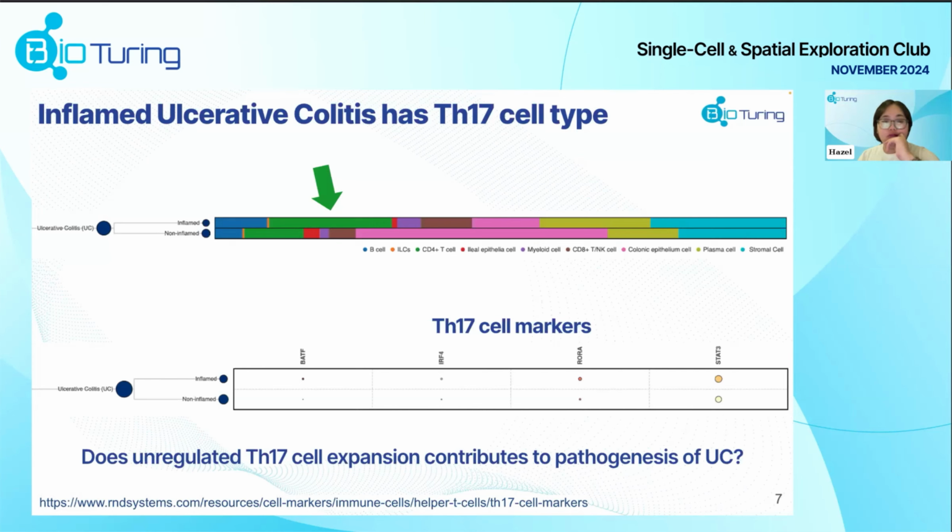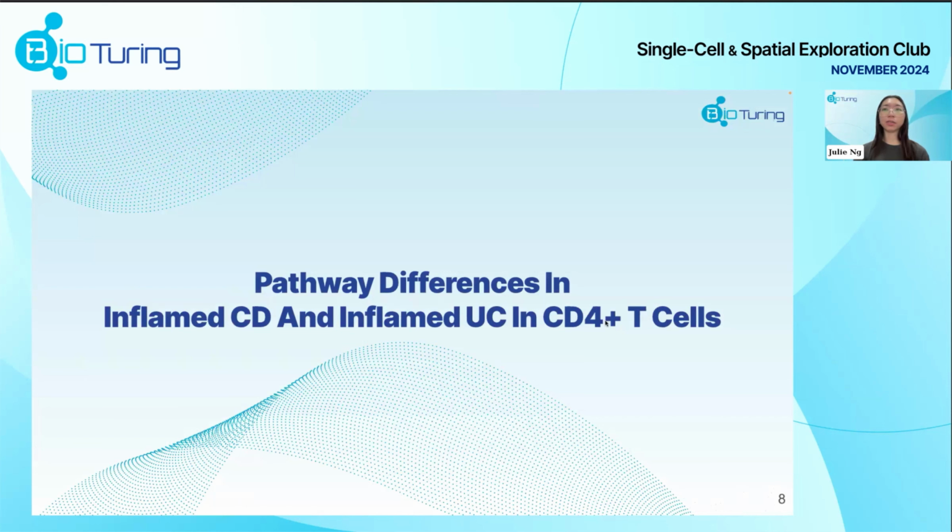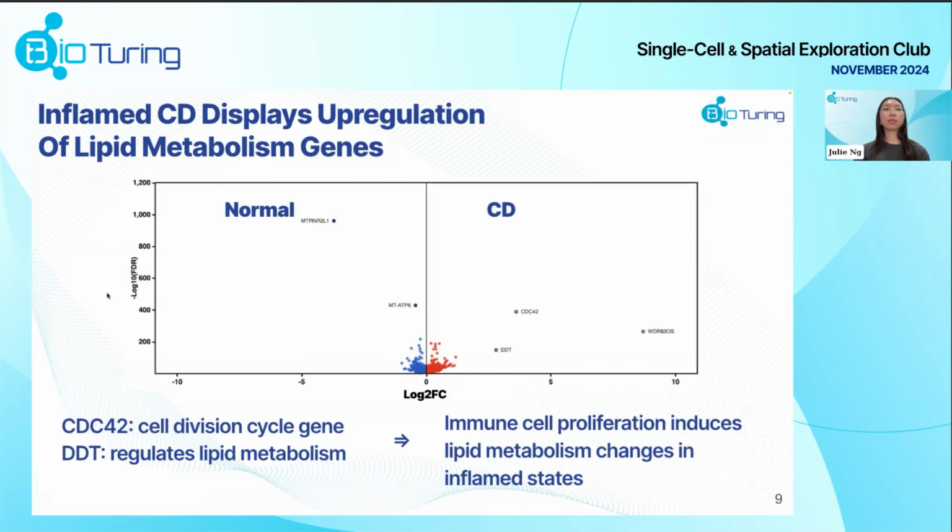Okay, great. Now we see differences between Crohn disease and ulcerative colitis. What next questions do you have in mind after this finding? Some other ways we can investigate the differences between Crohn's disease and ulcerative colitis is by looking at the pathway differences, especially in the CD4 positive T cells. So here I want to look at the differential gene expression between Crohn's disease and our normal condition.